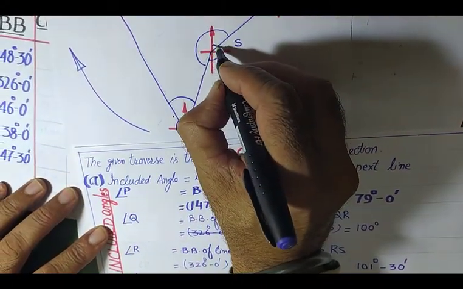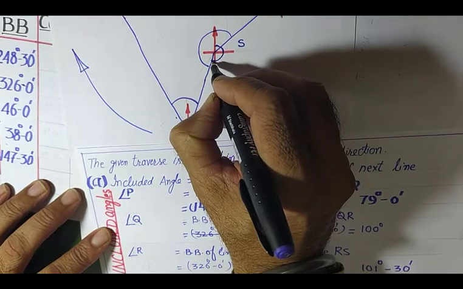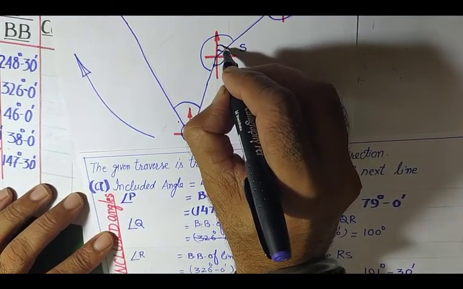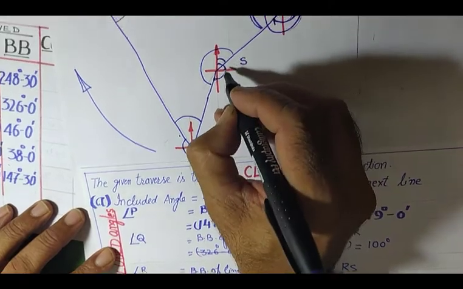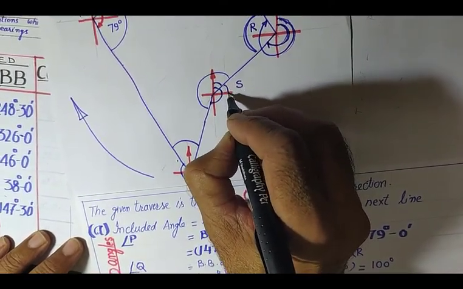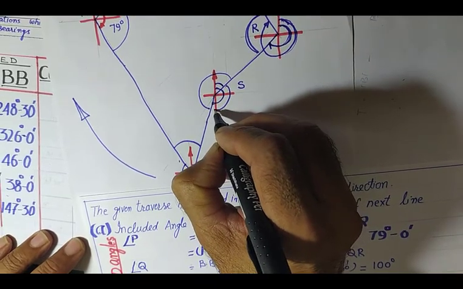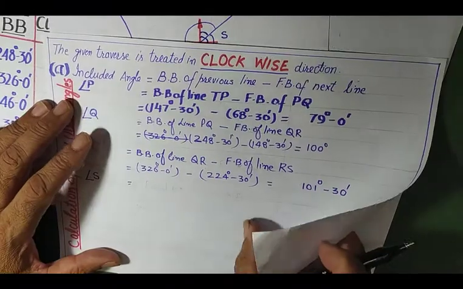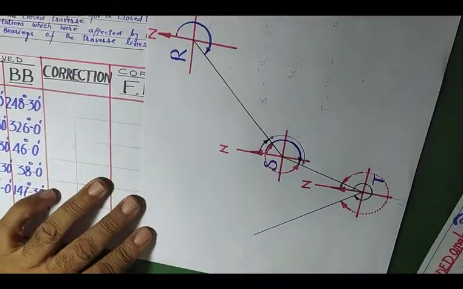This is the forebearing of the next line ST, and this is the back bearing of line RS. This comes to be this angle. I will elaborate on a separate sketch so you can see very closely how we have calculated this angle.